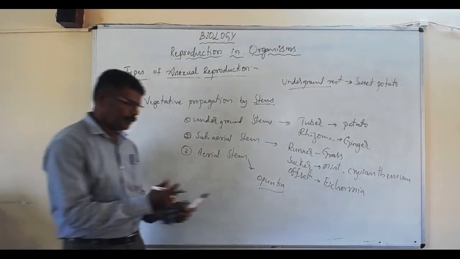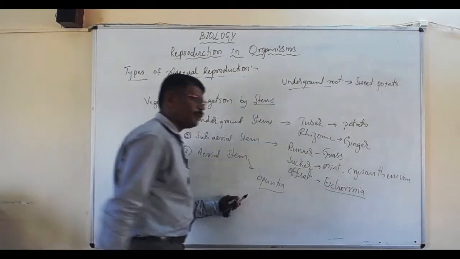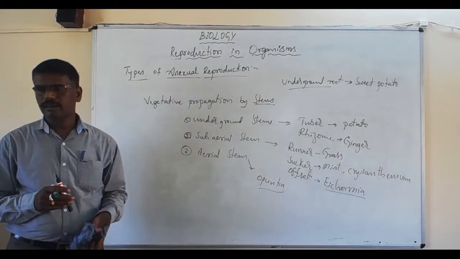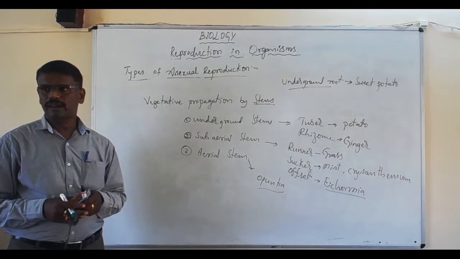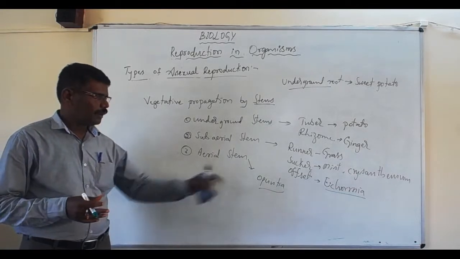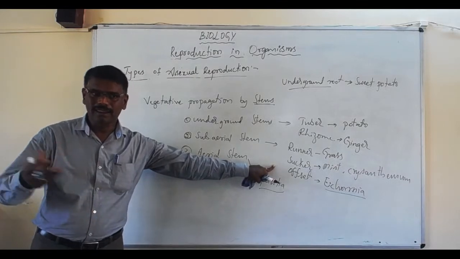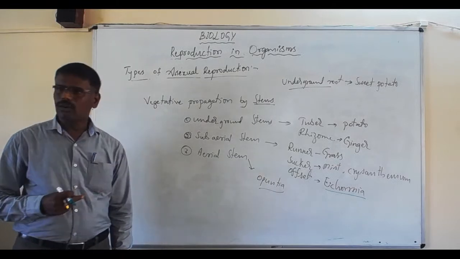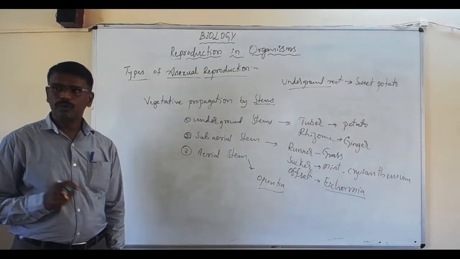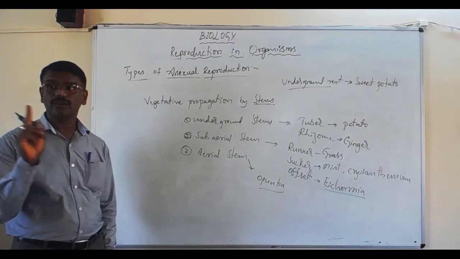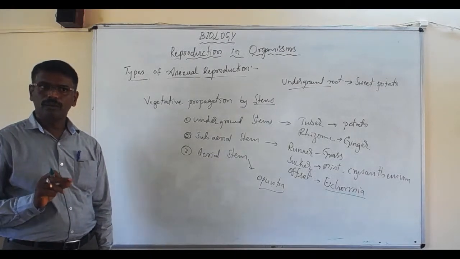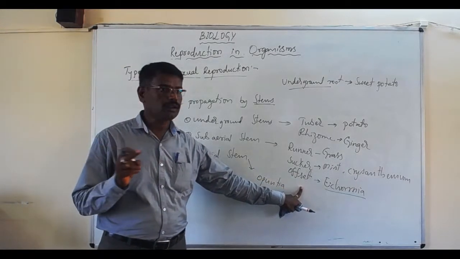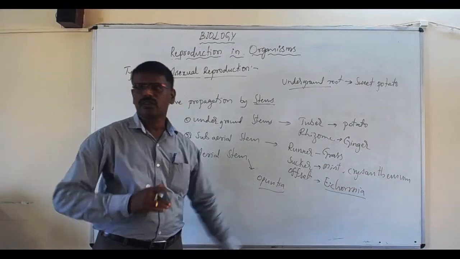Eichhornia is one of the aquatic plants, a dangerous aquatic plant. It reproduces at a rapid rate. The Eichhornia or water hyacinth reproduces within 7 days once. Within 7 days, the plants produced at this rapid reproductive rate completely cover the water surface.